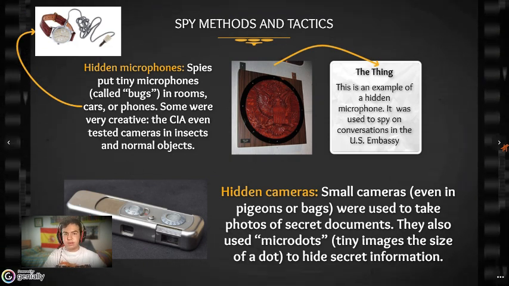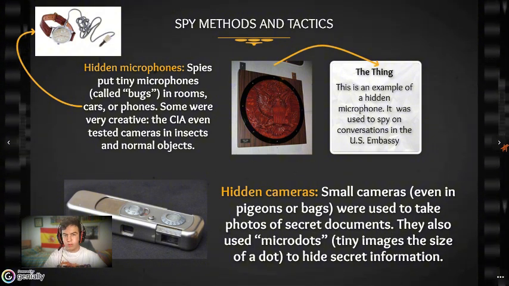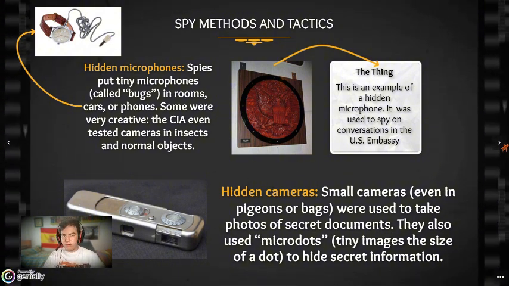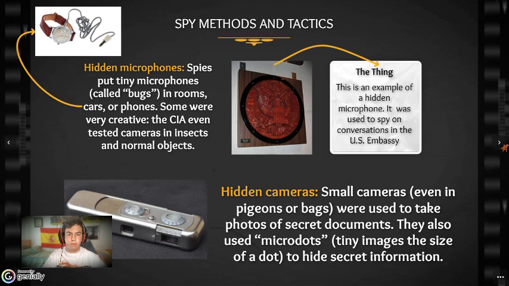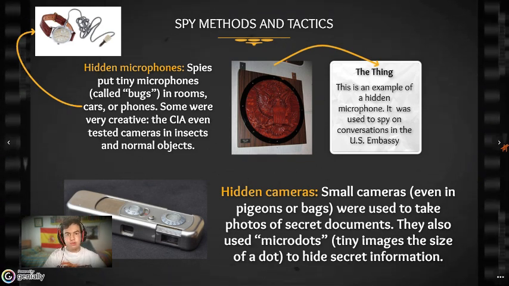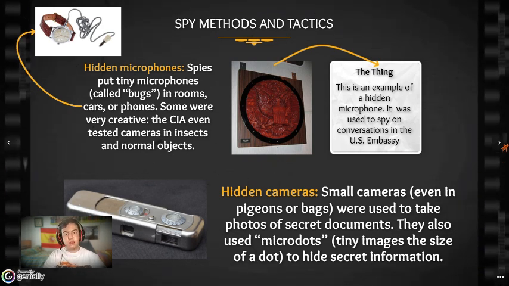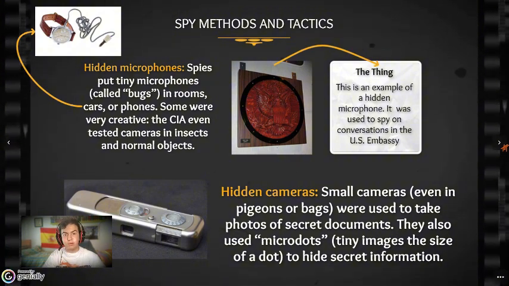Because the CIA hid cameras inside innocent and normal objects, for example a clock. And we have two types of cameras, the other one very common, smart cameras, which were used to take photos of secret documents, and we also used microdots, a tiny image in a dot to hide secret information.